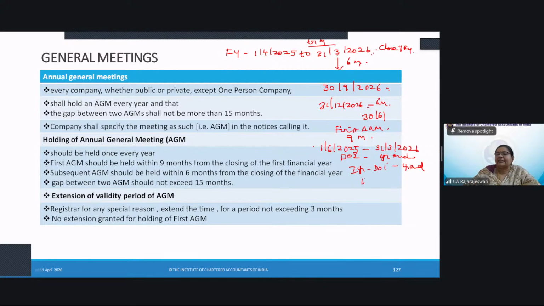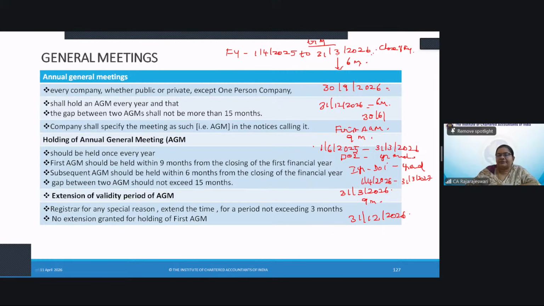Subsequent years can be from 1/4/2026 to 31/3/2027. It can be anything. In case of the first year of incorporation, if it closes its books on 31/3/2026, it has a time limit of 9 months from that. It is enough if it holds the AGM on or before 31/12/2026. That privilege is given for the first financial year.